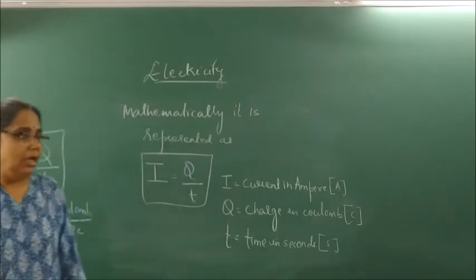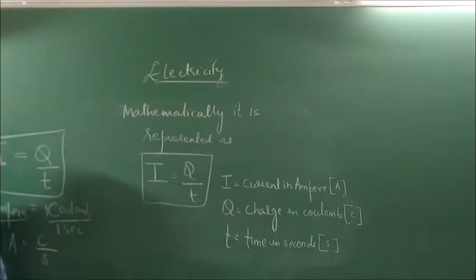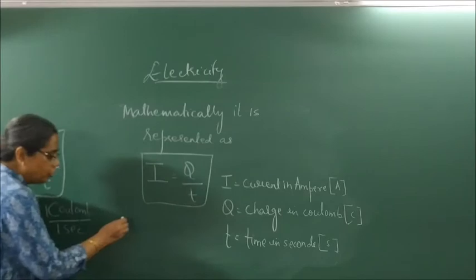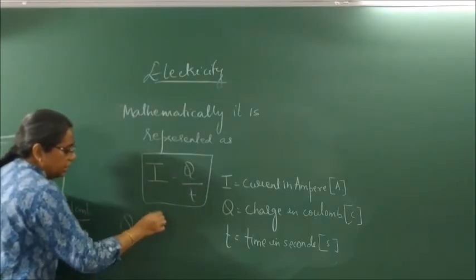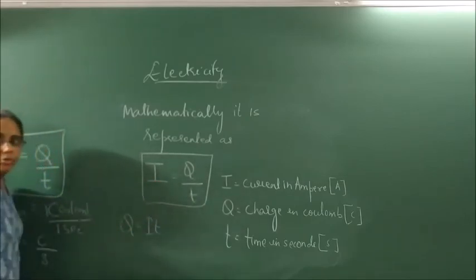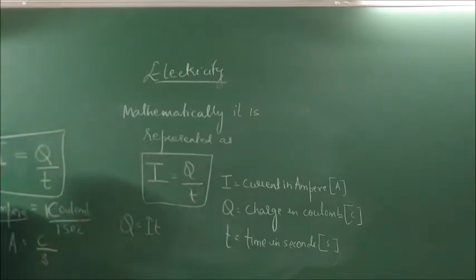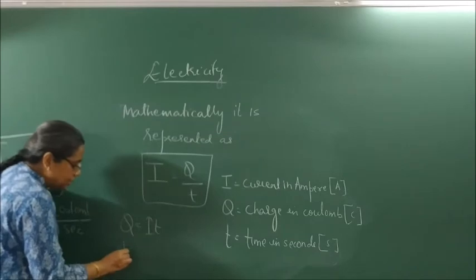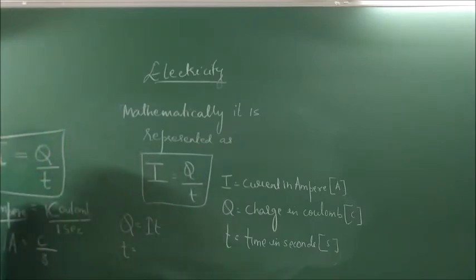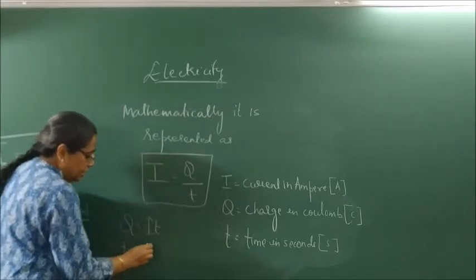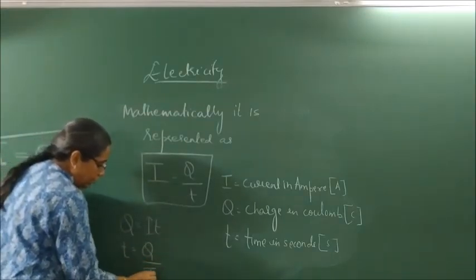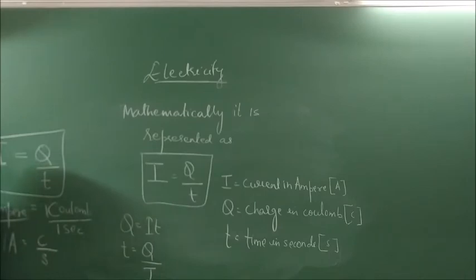Fine. So now, what can be my derived formulas? If I is equal to Q by T, what is my derived formula from it? Q is equal to what? I into T, cross multiply. Q is equal to IT. I can also write T is equal to Q by I. So all three formulas are clear.